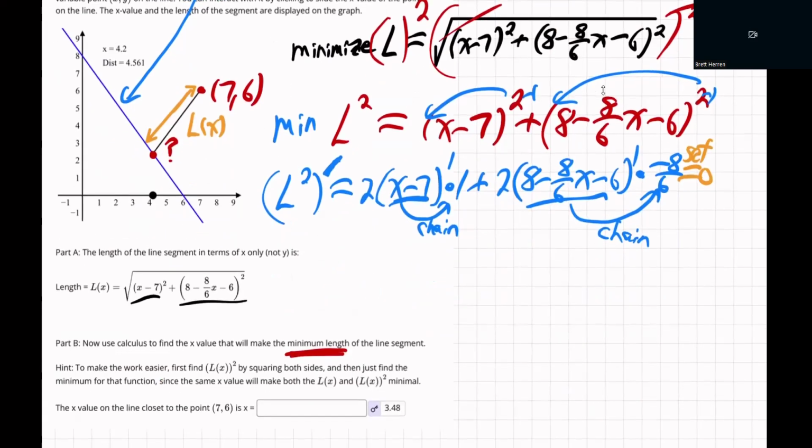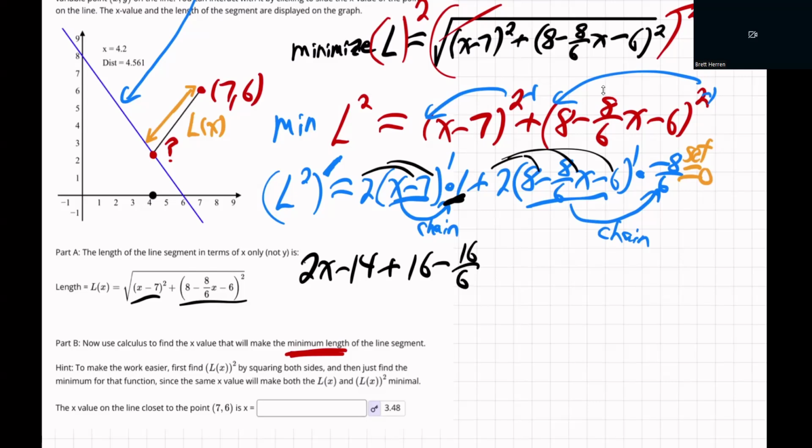Let's do it. Let's distribute the 2. So I'm going to get 2x minus 14. The times 1 doesn't do anything. Plus, and then distribute this guy. It'll be 16 minus 16 over 6 x minus 12.